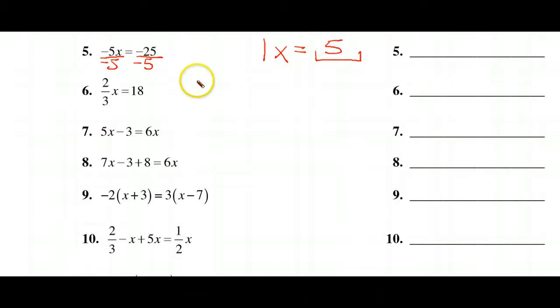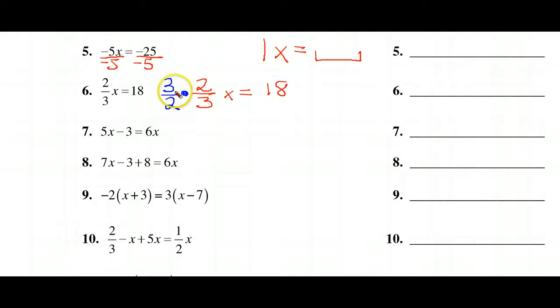Now for number 6, again, we want to make that a 1x. Now, what technique do we know from chapter 1 to make this a 1? And the answer is, if we multiply something by its reciprocal, that product then is 1.